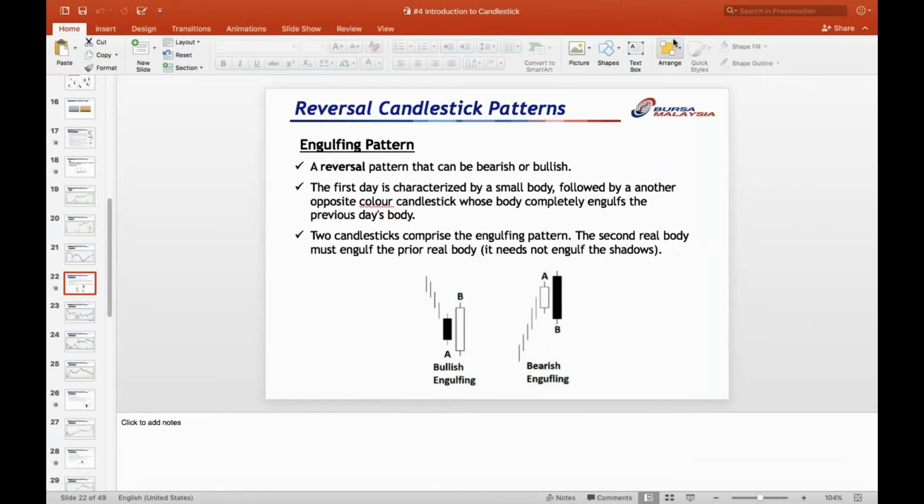Engulfing pattern. So engulfing pattern is another reversal candlestick pattern, and it is formed like this. We see a bullish engulfing, and on the right of the chart, a bearish engulfing.